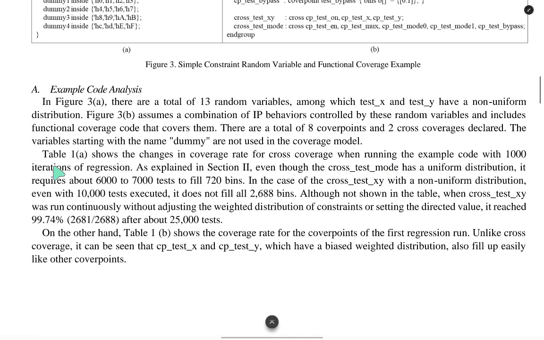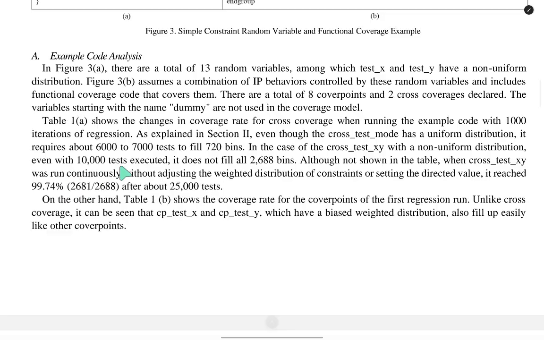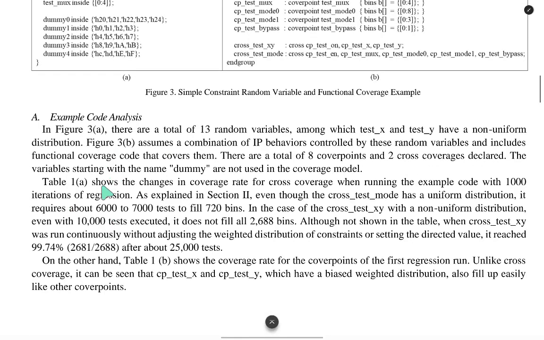So Table 1a shows the changes in the coverage rate for cross coverage when running the example code with 1000 iterations of regression. As explained in section 2, even though cross_test_Z has a uniform distribution, it requires about 6,000 to 7,000 tests to fill 720 bins.